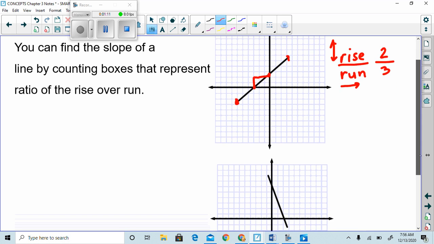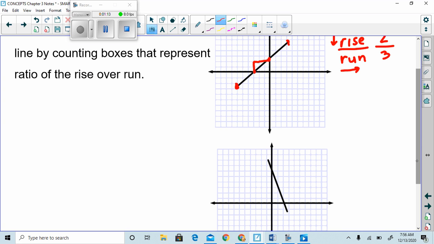Looking at a second one, again, our line is going into infinity in both directions, and we see that slope is constant. It's a straight line. So we can go from one point to another, and again, these are points that fall at the intersection of the x and y lines there.